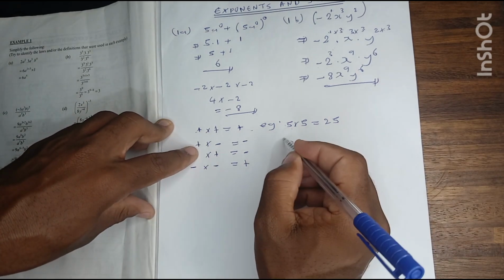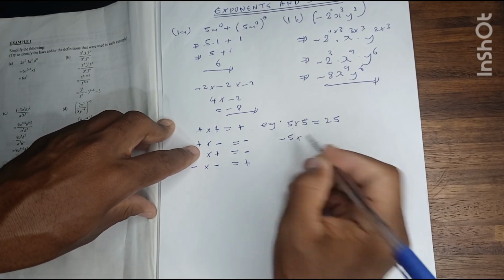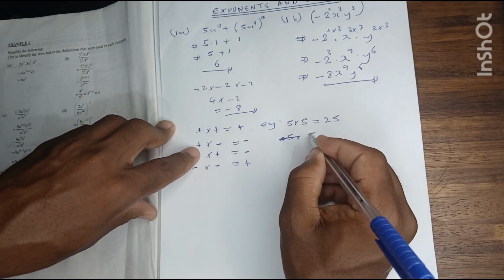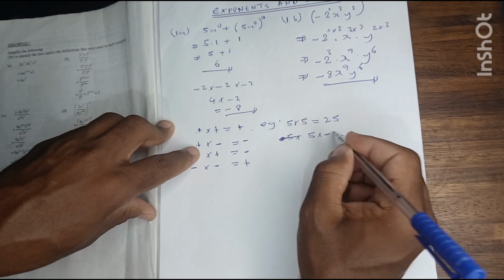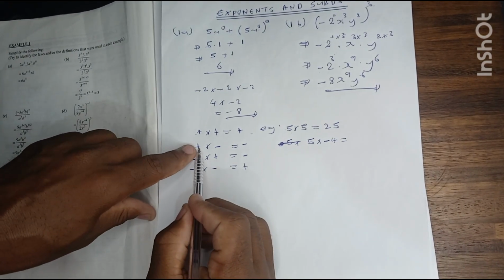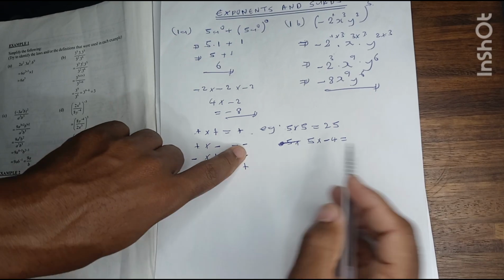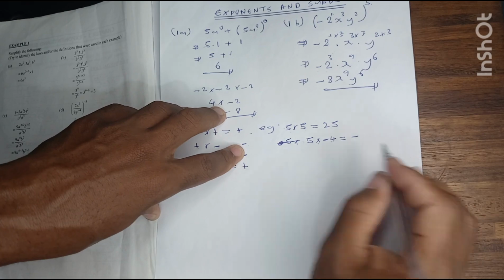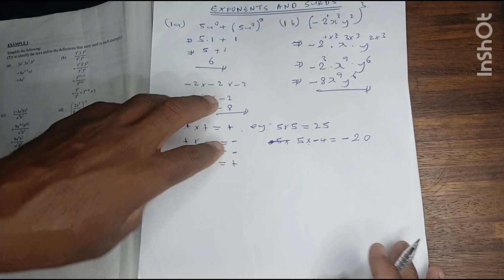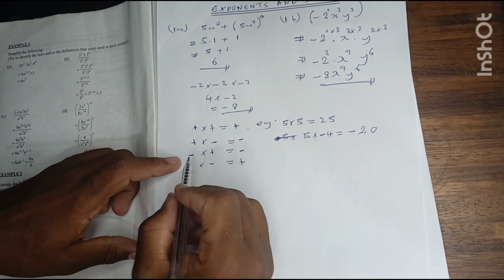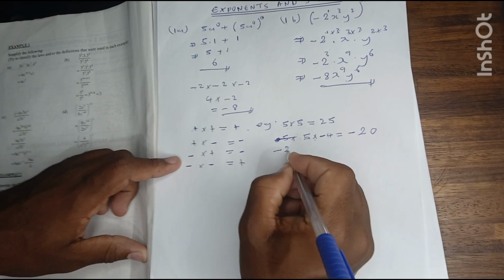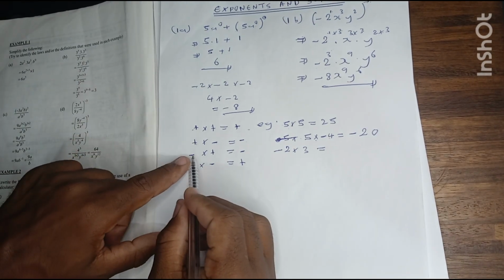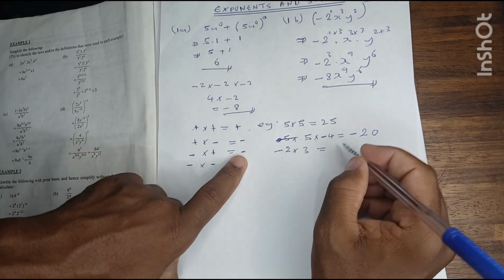Then let's say we've got a positive 5 times a negative 4, and we said here a positive by a negative is going to be a negative, so it's going to be 5 times 4, which is 20, negative. So let's come here, let's say we've got a negative 2 times 3. Can you see that a negative by a positive is going to be a negative, so your answer will be a negative.